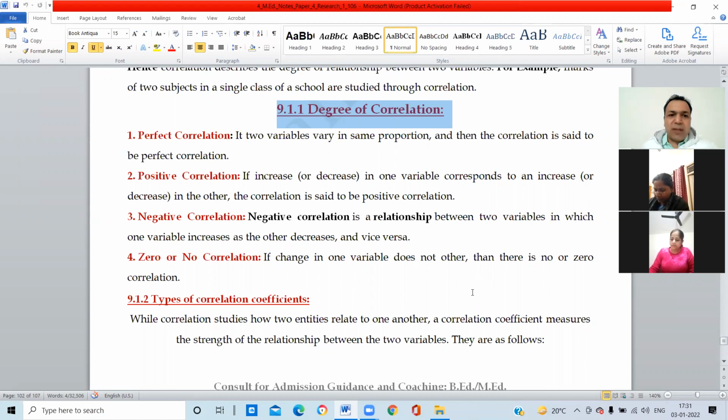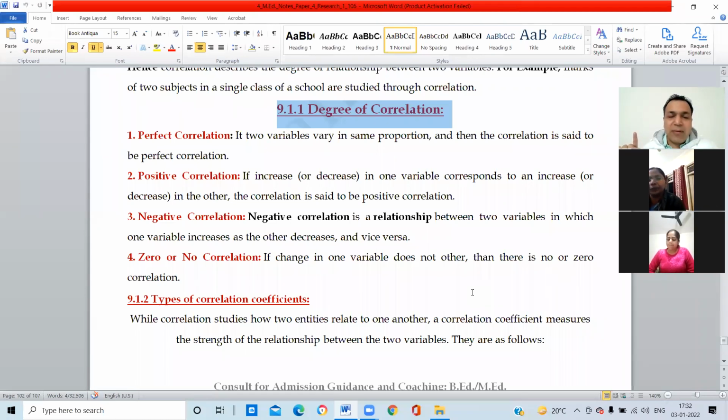Next, we talk about the positive correlation. What is a positive correlation? If an increase or decrease in one variable corresponds to an increase or decrease in the other, the correlation is said to be a positive correlation. For example, if there is a 50% demand for mobile phones in the market, but according to the demand, supply goes 50% down, it is also called a positive correlation.